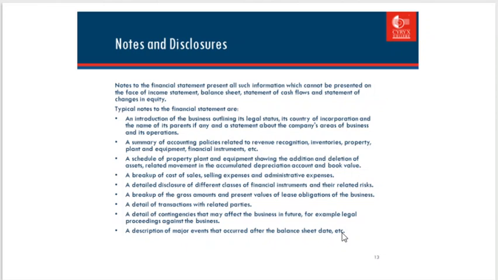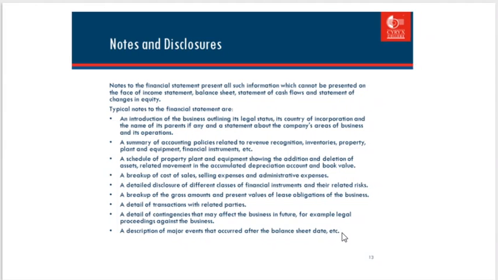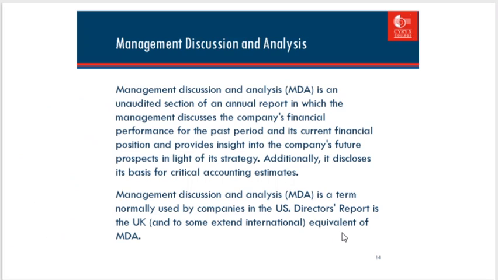Sixth, a breakup of the gross amounts and present values of lease obligations of the business. Seventh, a detail of transactions with related parties. Eighth, a detail of contingencies that may affect the business in future, for example legal proceedings against the business. Ninth, a description of major events that occurred after the balance sheet date, etc.